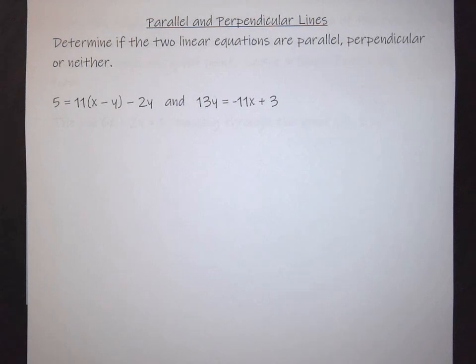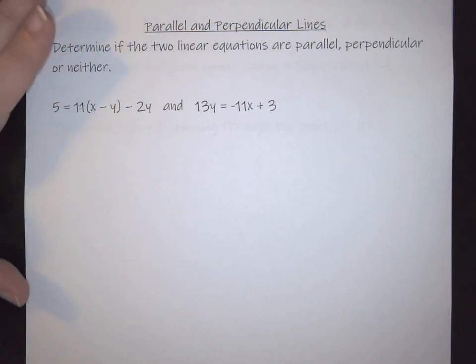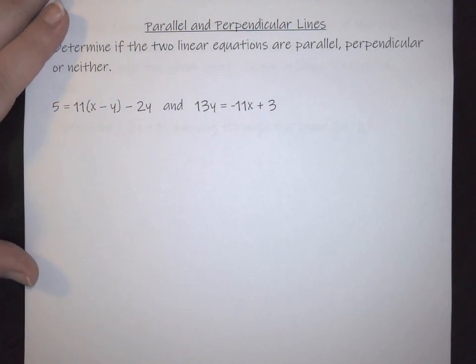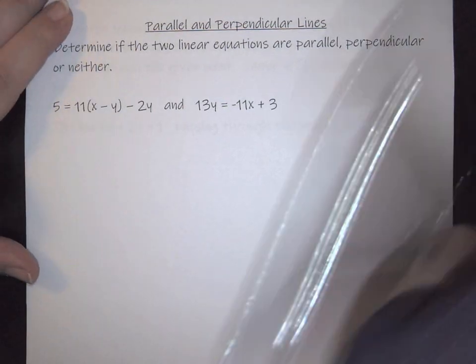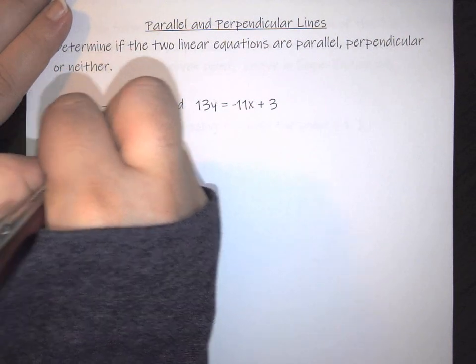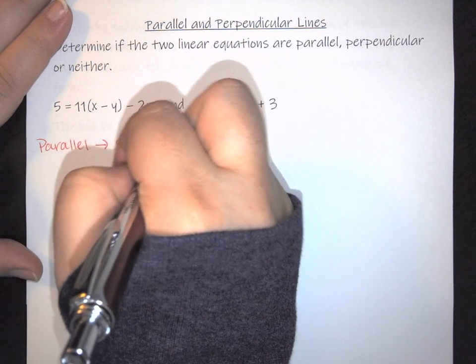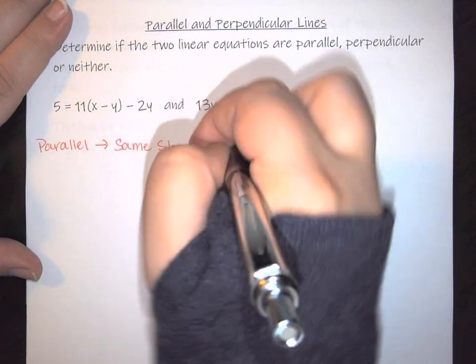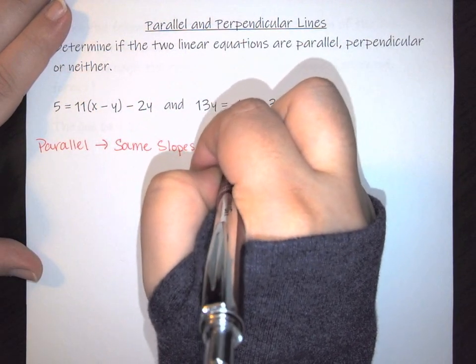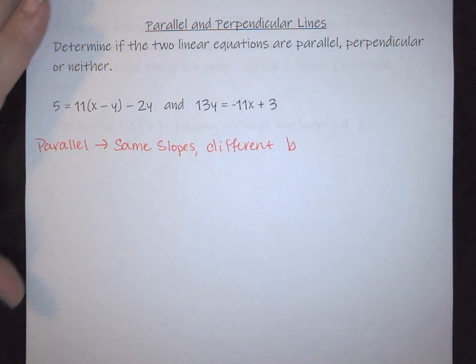Well, in order to do that means you kind of have to have a little bit of knowledge behind the definitions of parallel and perpendicular. So when we're talking about parallel, we are talking about same slopes, but different y-intercept term, or b terms.